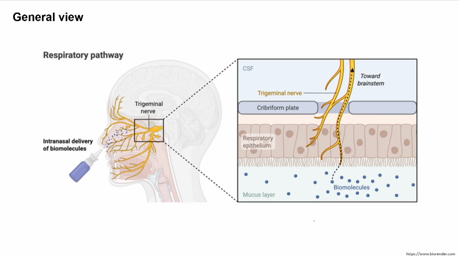So when we try to understand the general pathway of antigen entering into the cellular system, there could be multiple pathways.